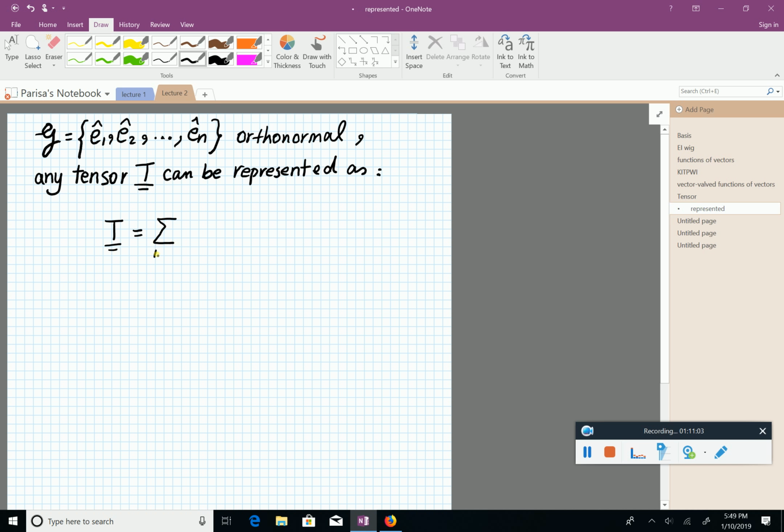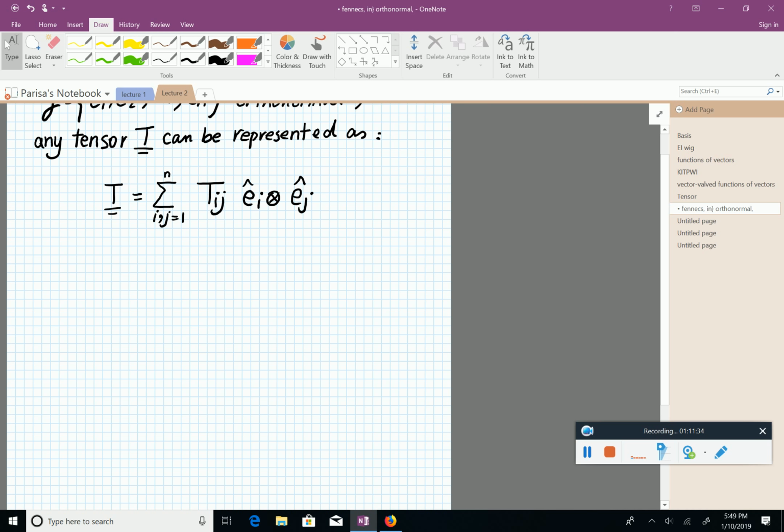So we have a double summation on i and j ranging from 1 to n, and then the component of the tensor, T_ij, and then e_i tensor e_j, or the outer product of e_i e_j.